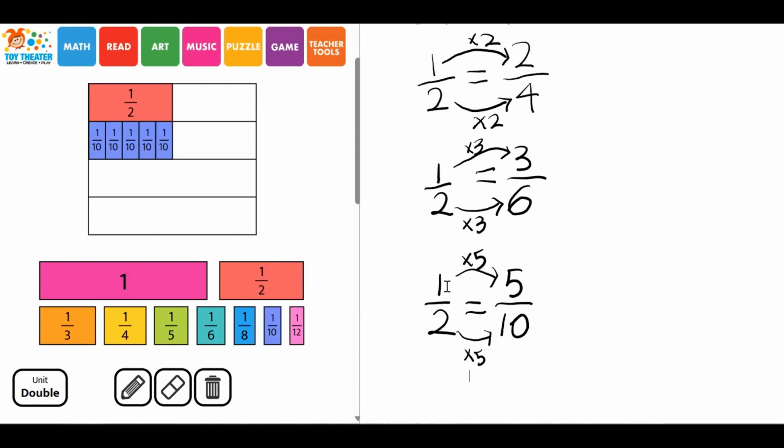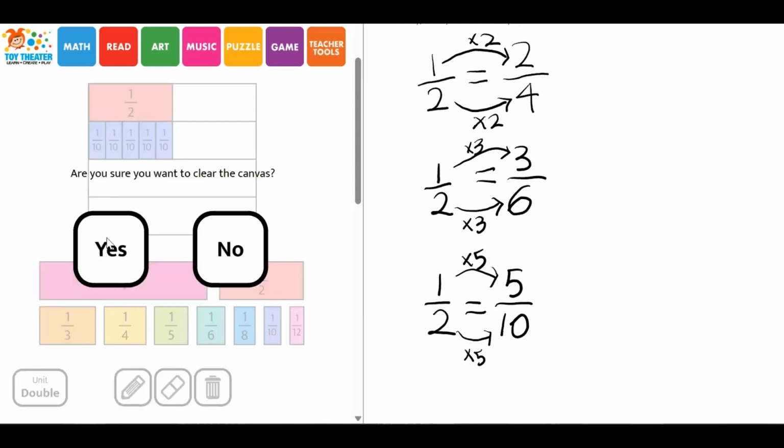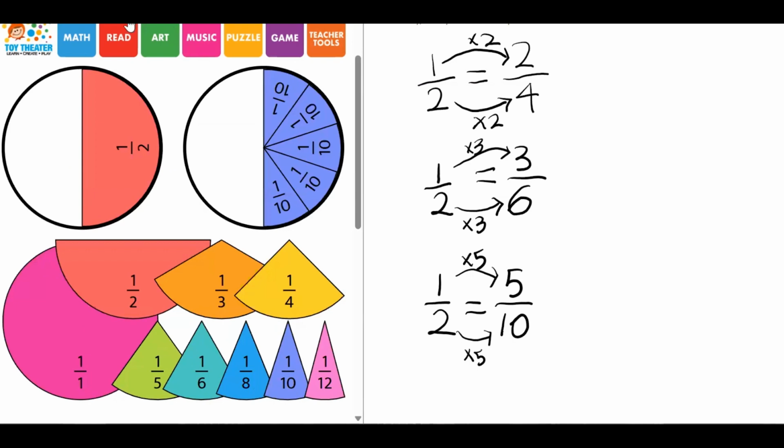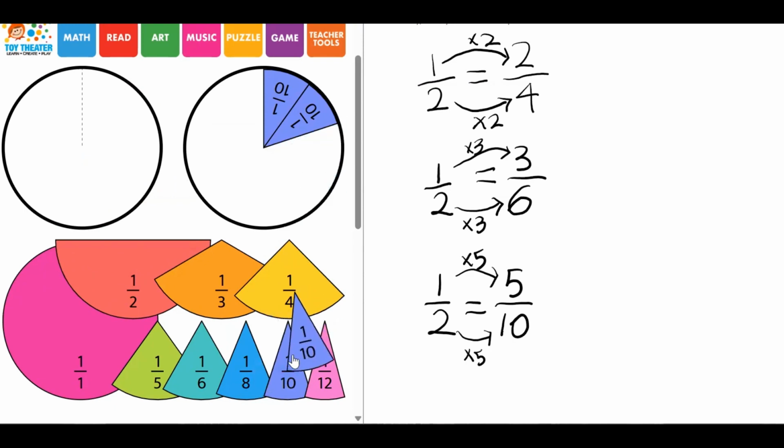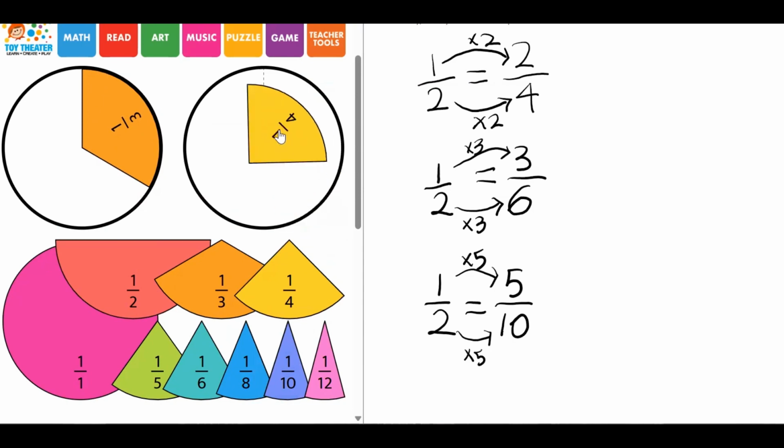Now let's try a different fraction. Let's go back to the fraction discs. Now let's say I want to do 1/3. Now I want to use 1/4 to check. Can you see that it's very difficult for me to compare the size?